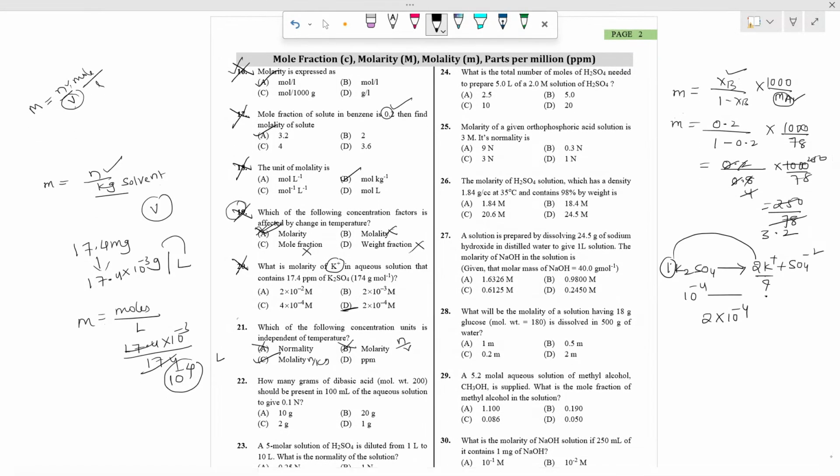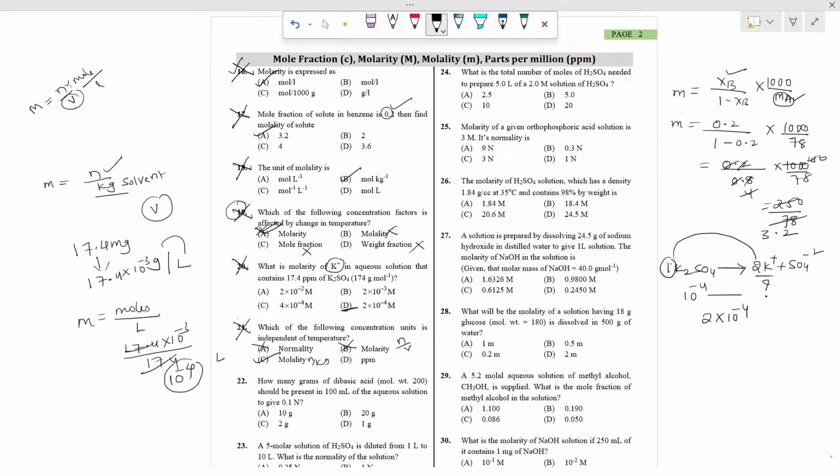Next one, we'll go for question number 22. How many grams of dibasic acid, molecular weight 200, should be present in 100 ml of the aqueous solution to give 0.1 normal? Normality is already given to you. In question number 22, normality is 0.1 normal.